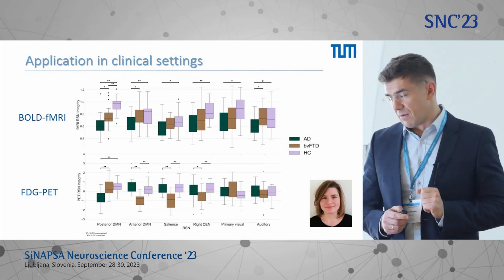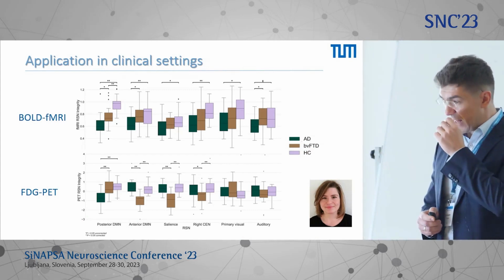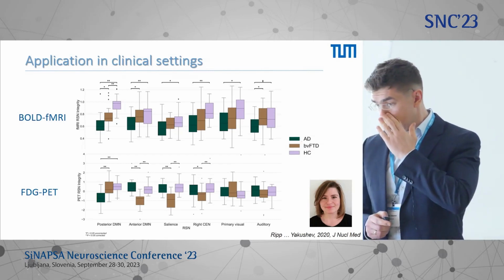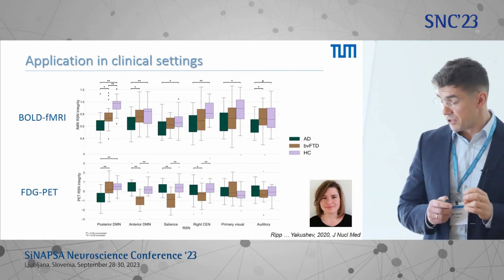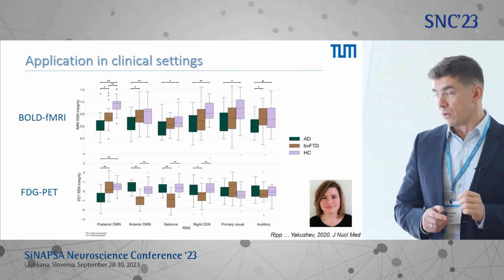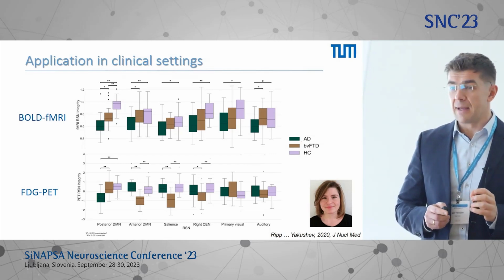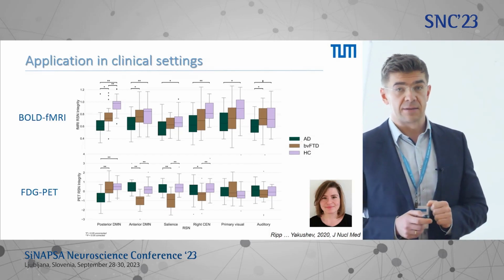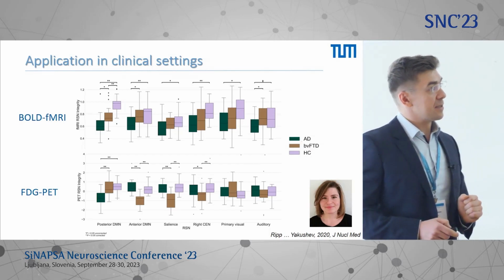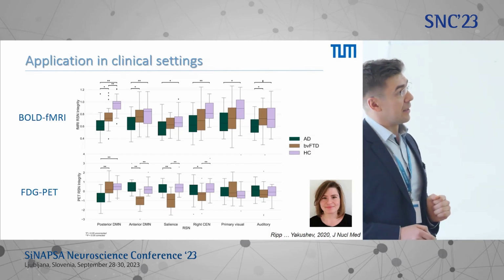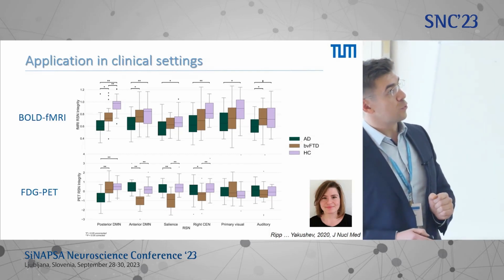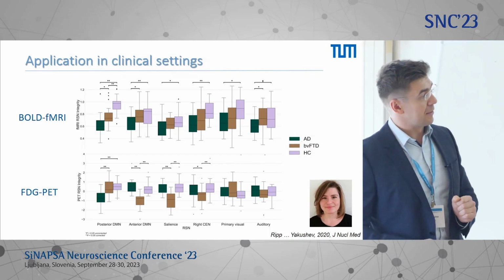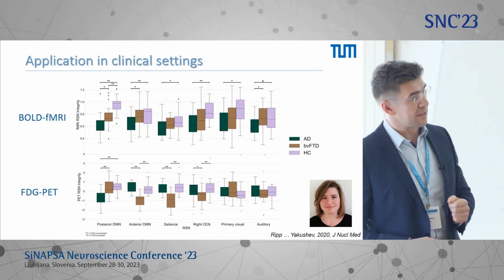And a final slide on this comparison, work done by Isabelle Rip, a former PhD student of mine, who compared the clinical utility of PET and BOLD fMRI data. So we used ICA to define some established resting state networks.